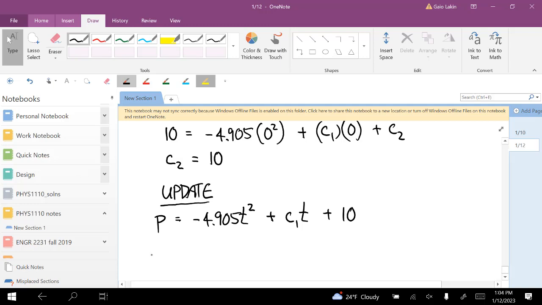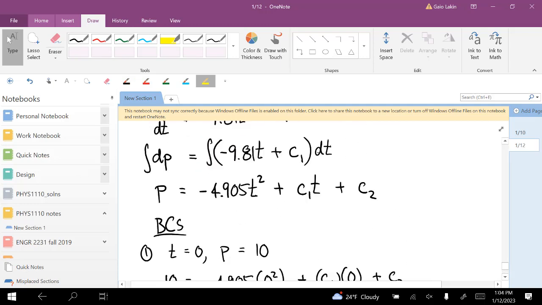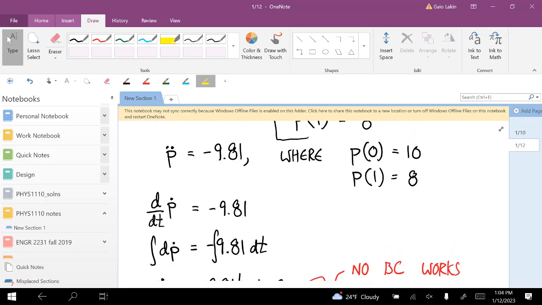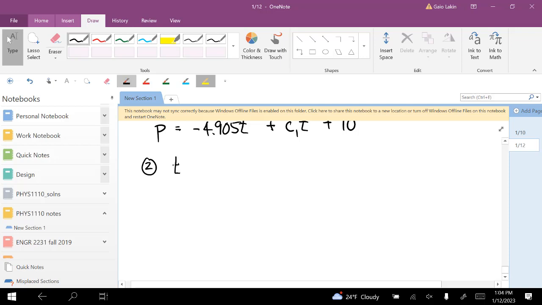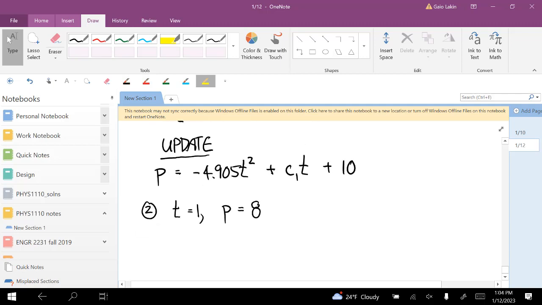And now we'll do our second boundary condition that says when time is equal to 1, position is equal to 8. And I'm going to use the updated function that we just came up with. So 8 is equal to negative 4.905 times 1 squared plus C1 plus 10.